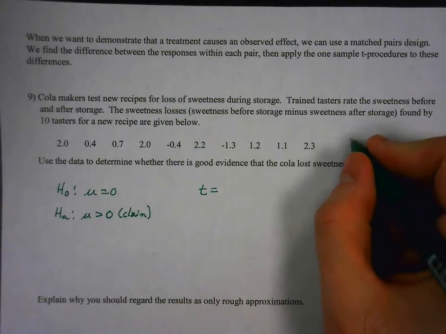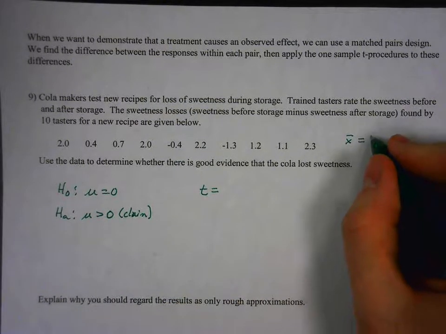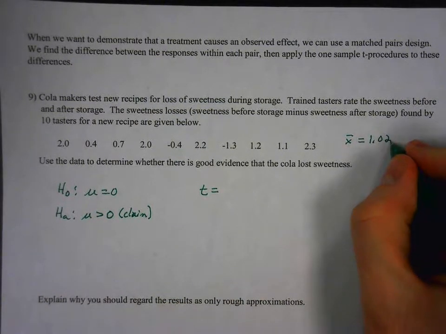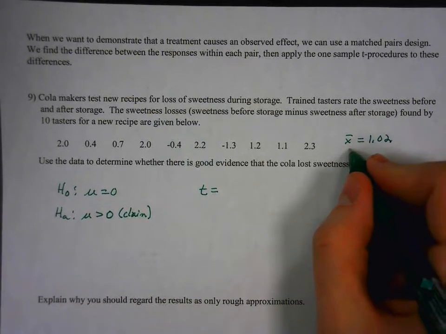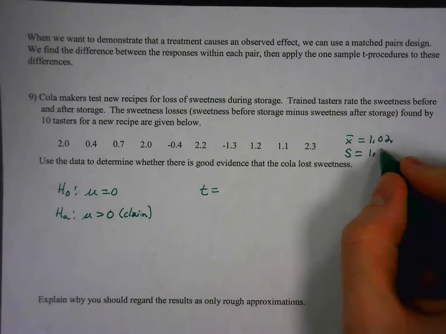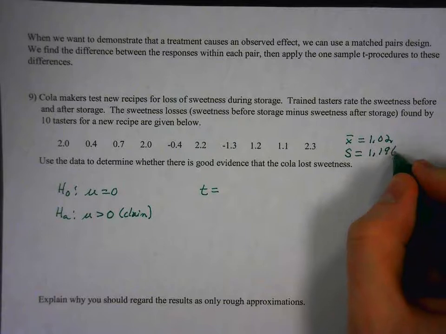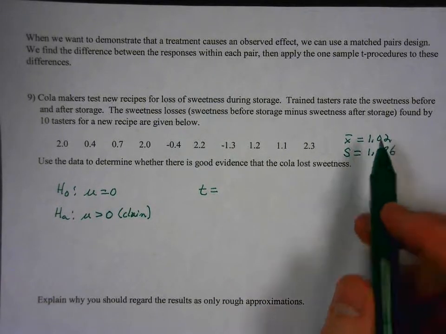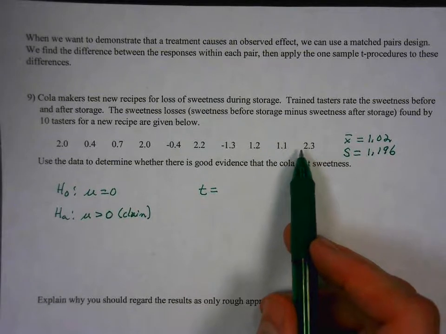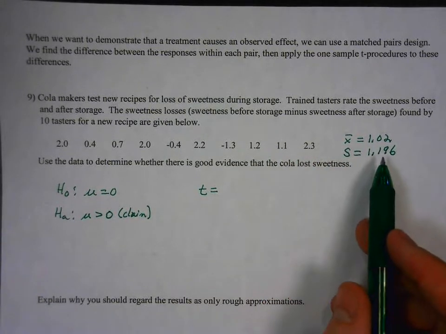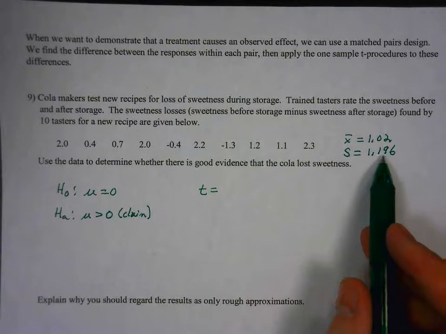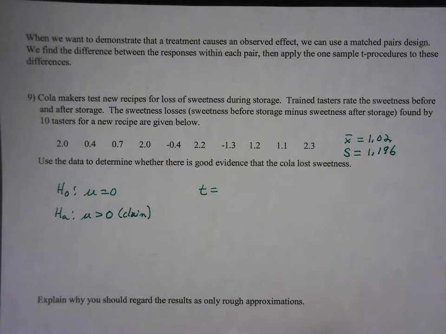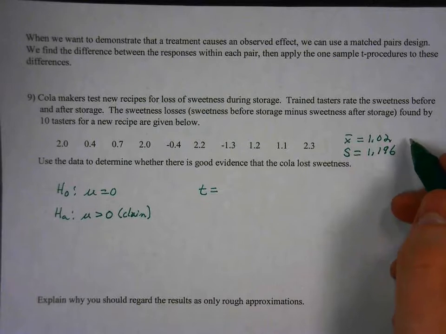The sample mean is about 1.02, and the sample standard deviation is about 1.196. I'm going to use several decimal places there, because those numbers are pretty small, so we'll use 3 or 4 decimal places for the standard deviation. Again, that's doing the 1 var stats on your list 1.